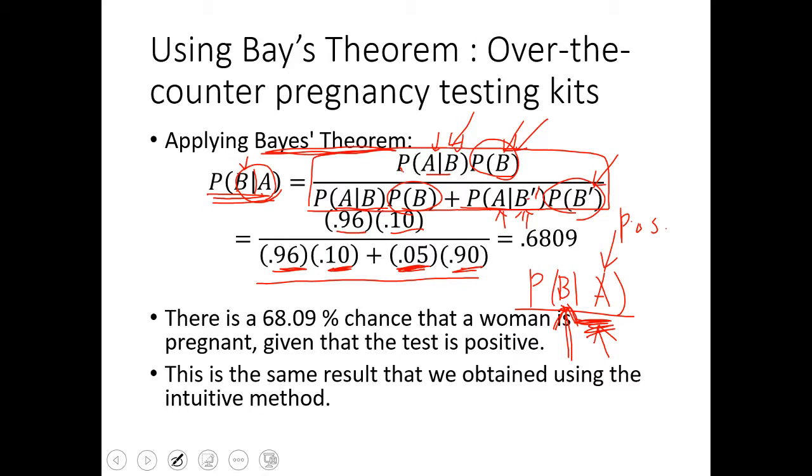We obtain this result: a 68.9% chance that a woman is pregnant given that the test is positive. Okay?